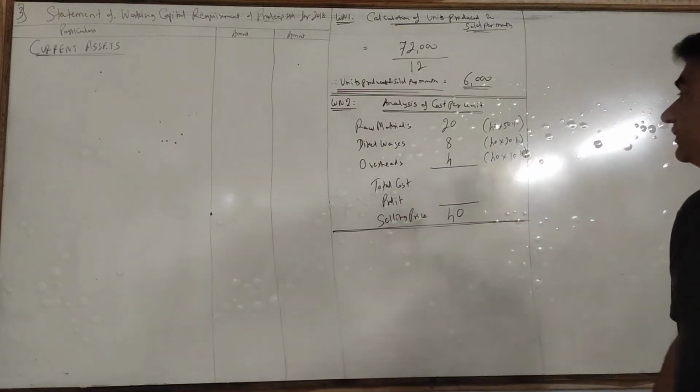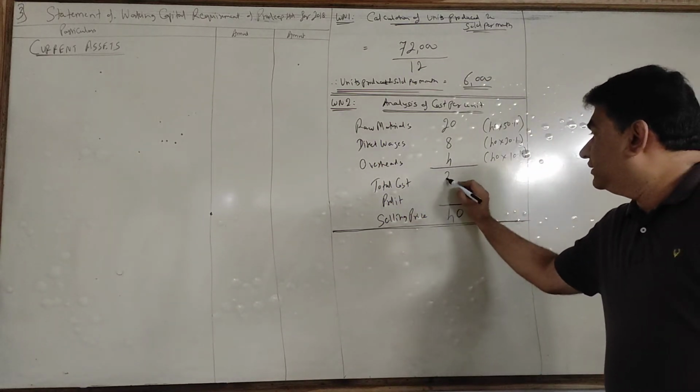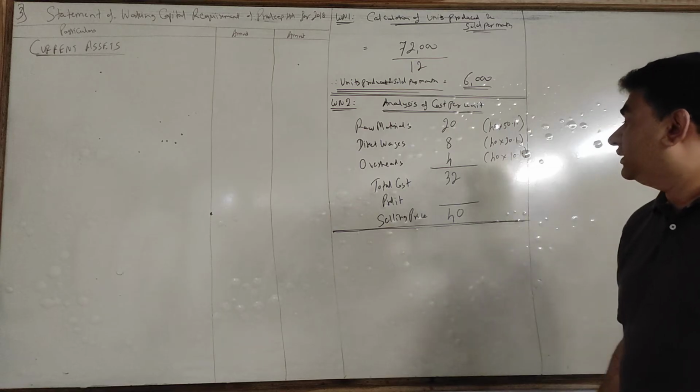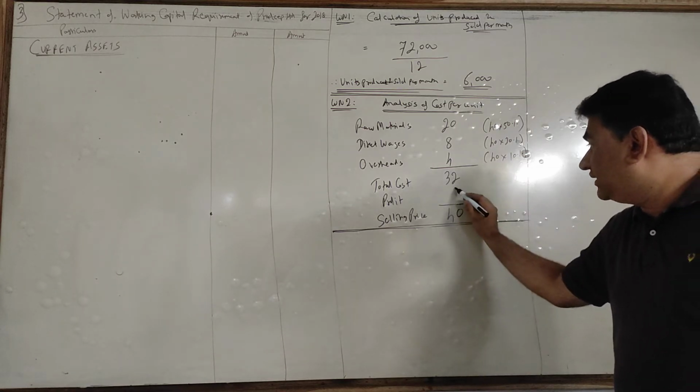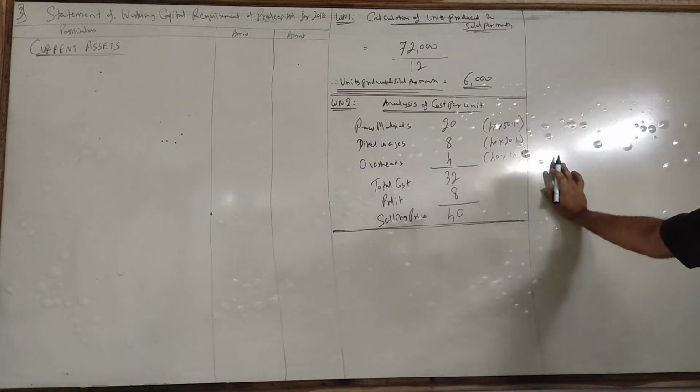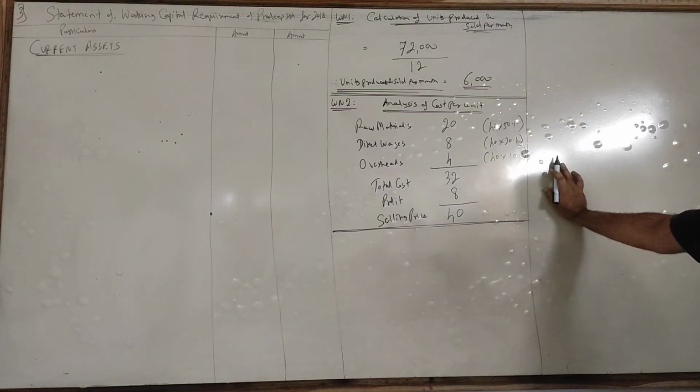So 20 plus 8, 28, 28 plus 4, 32. Cost is 32, selling price is 40. So 40 minus 32, profit is 8.